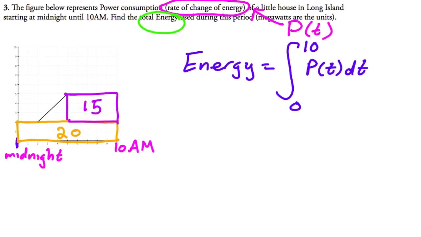And last but not least, this little triangle goes from 2 to 5 and has a height of 3 as well, so this is 9/2, or 4.5. So this is equal to 20 plus 15, that's 35, plus 4.5, that's 39.5. Now, what are the units? It says that megawatts are the units.